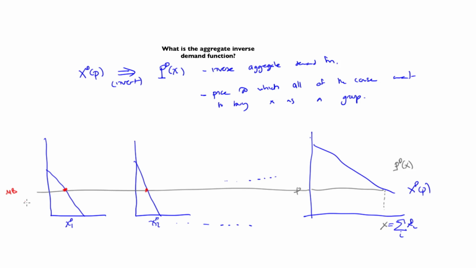The marginal benefit for person 1 equals P, the marginal benefit for person 2 equals P, etc. The only exception for which the marginal benefit is not the price is for a consumer that looks like this, for whom at that price the demand is 0. So for this particular individual, let me call this person N, the marginal benefit for N is less than P at 0. Okay? But for everyone else that is consuming something, the marginal value of consuming an additional unit is positive and equal exactly to the price.